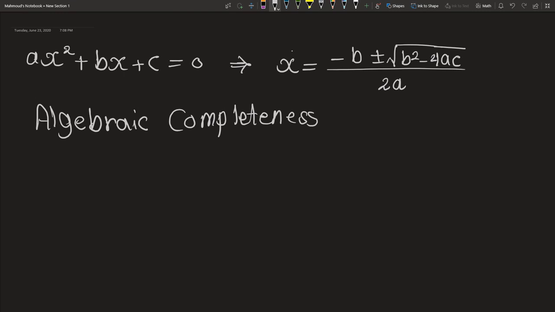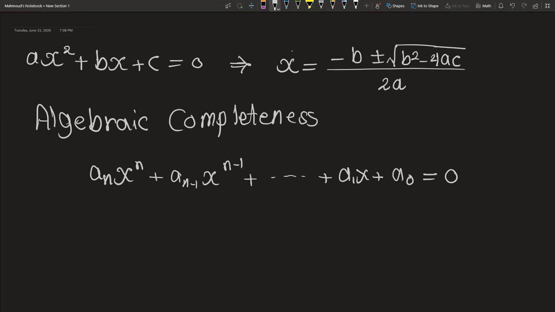And this is just a fancy word for saying that any polynomial equation of degree n, which is something of the sort a_n times x to the power n plus a_(n-1) times x to the power n minus 1 plus yada yada plus a_1 times x plus a_0 equal to 0, any equation of this sort is guaranteed to have n complex roots or solutions.